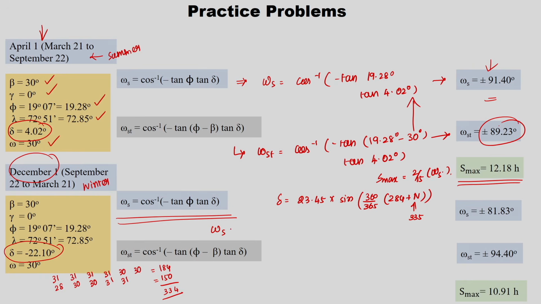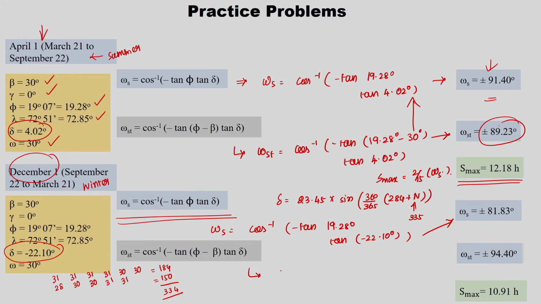If you substitute omega s here, cos inverse of minus tan 19.28 degree into tan of minus 22.10 degree, you would get 81.83 plus or minus.